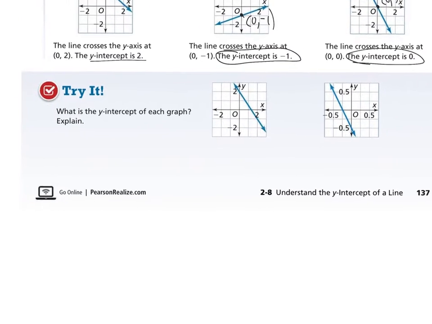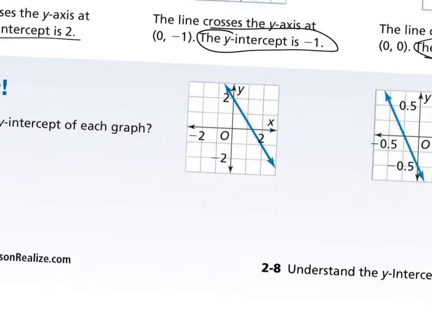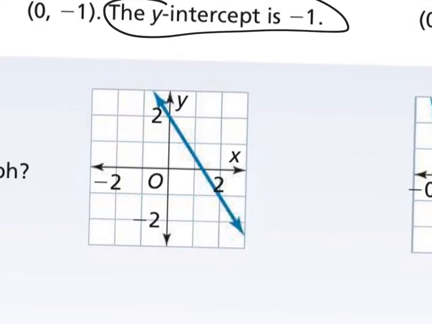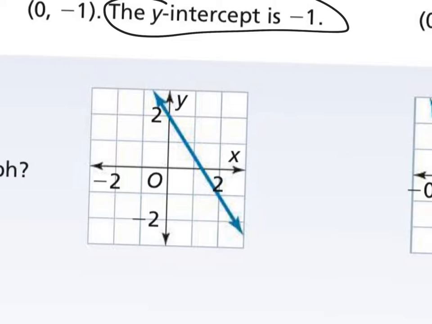So if we look at the try it, again asking what the y-intercepts are of these graphs. For the first graph, it's hitting at the point (0, 2), and so our y-intercept is 2.